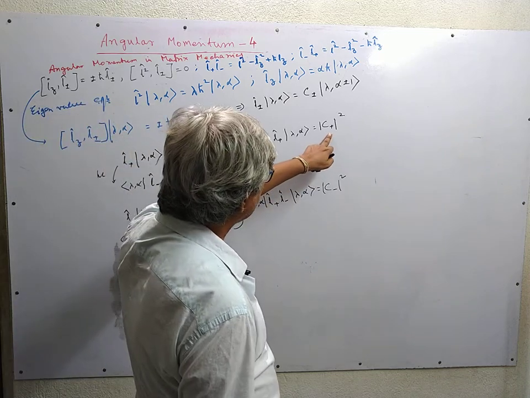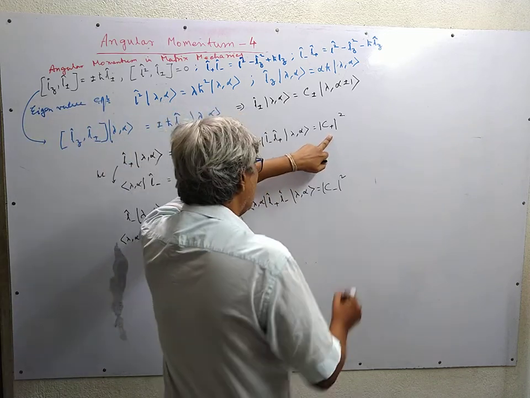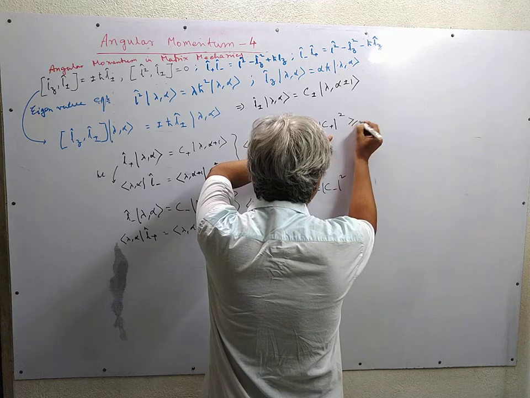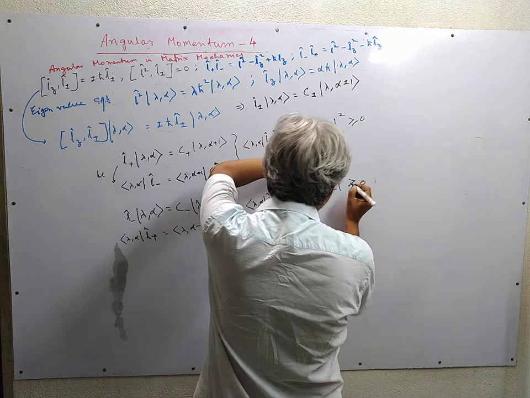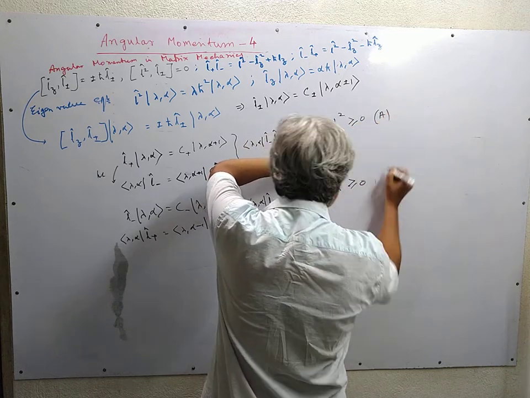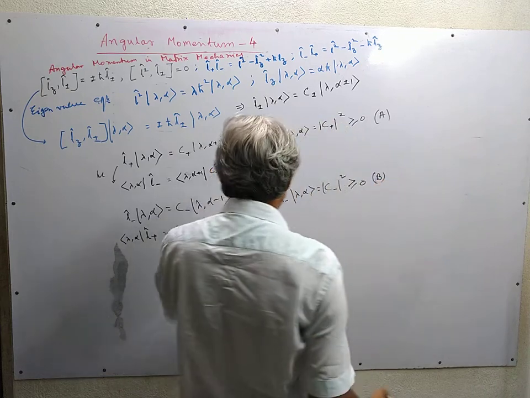Since it is a constant modulus, this must be greater than 0. This must be greater than 0. We call it equation A and we call it equation B.